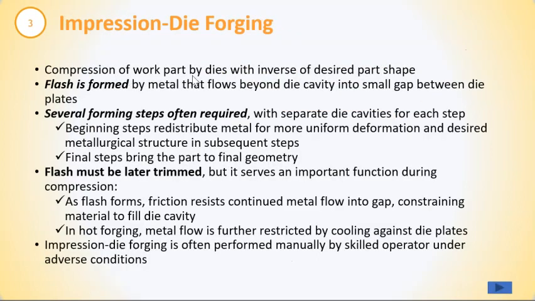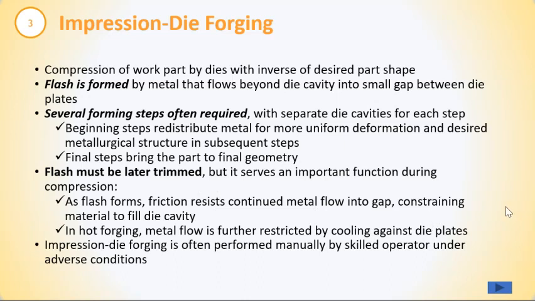Compression of the work part by the dies is the inverse of the desired part shape. Flash is formed, and several forming steps are sometimes required, so they have to move to another die to get the final shape. Later the flash must be trimmed after the cooling process.